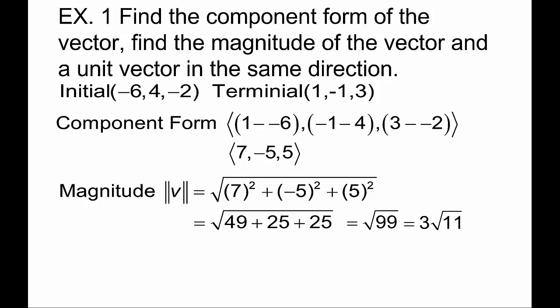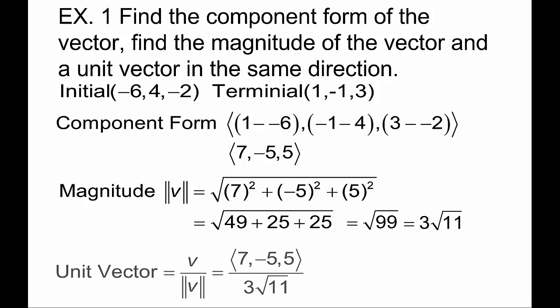Now we need to find a unit vector in the same direction. So I'm going to take the vector that I've already found in component form and divide it by the magnitude of this vector. Now we could divide each of these components on the top by the magnitude, and that would give us the unit vector. Since I have a square root in the denominator, I actually need to rationalize the denominator. So remember, you would multiply times the square root of 11 on the top and bottom.